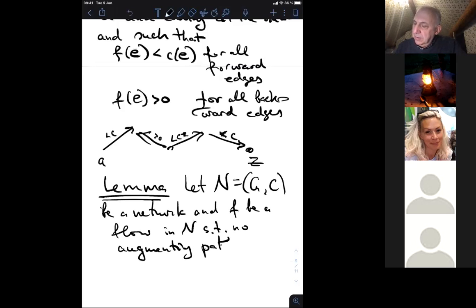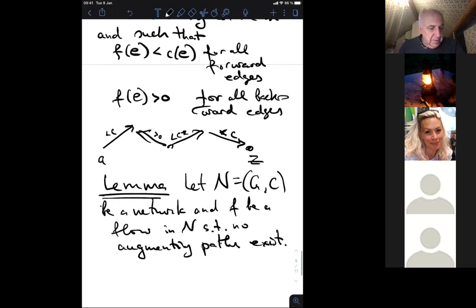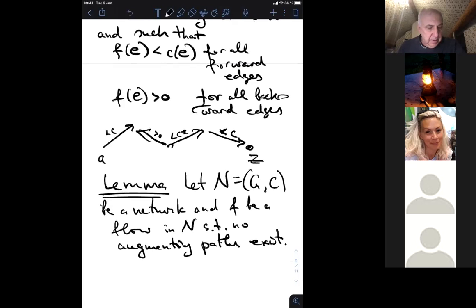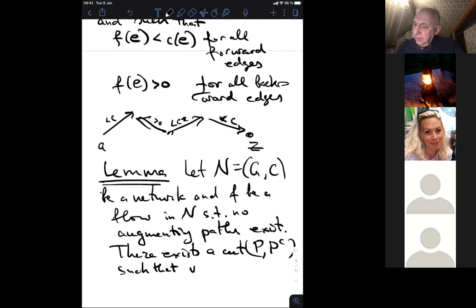Paths exist. Then the claim is that there exists a cut P, P complement such that the value of the flow equals the capacity of this cut, and then the flow is maximal.